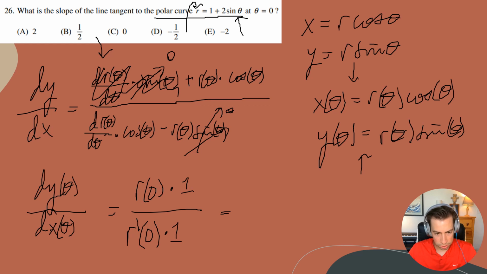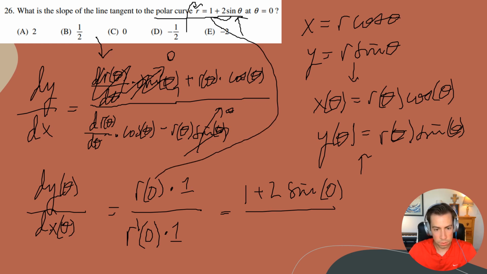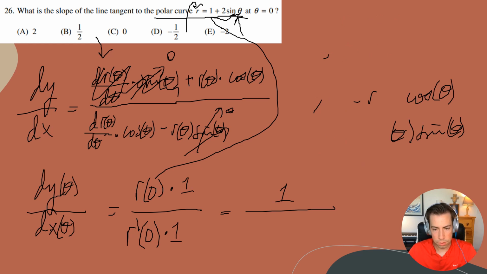All right, so essentially I need my radius. So I'm going to have 1 plus 2 sine of 0, plugging in 0 for theta right here. So I can just do the 1 right there. And now I'm going to take the derivative of r with respect to theta.